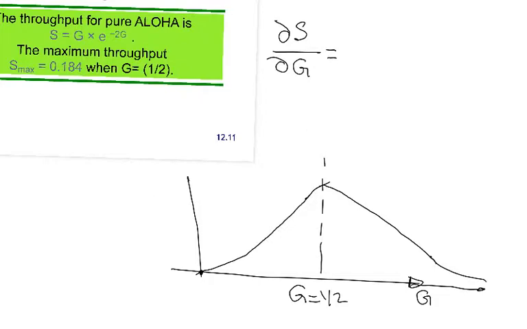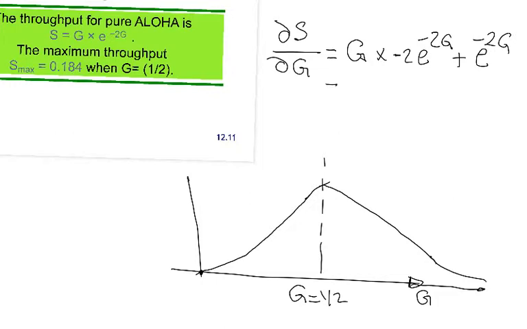The derivative of a product of two functions is: keep f1 and take the derivative of f2, which in that case is minus 2 e to the power minus 2g, plus the derivative of the first function, g, which is 1, multiplied by f2, which is e to the power minus 2g.